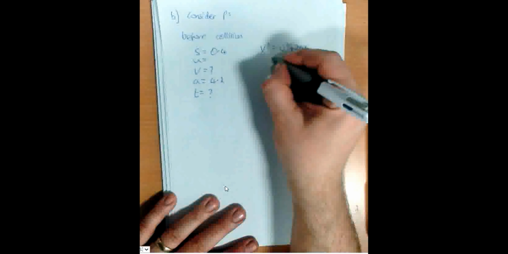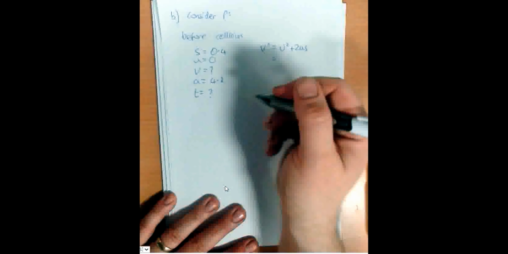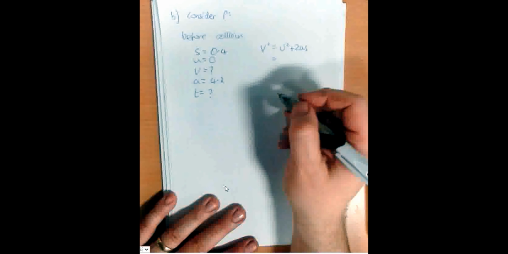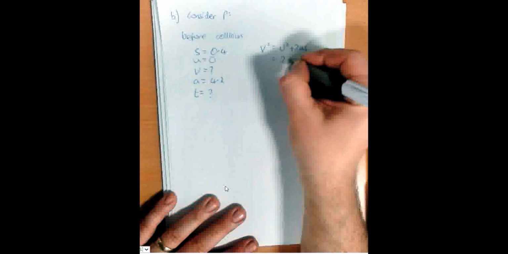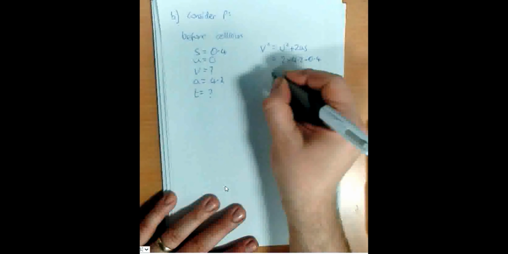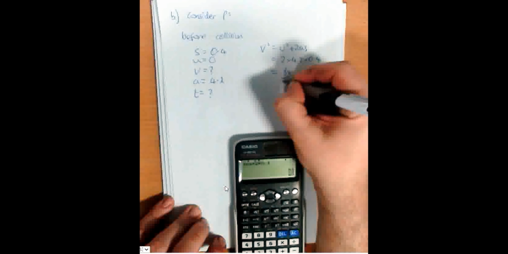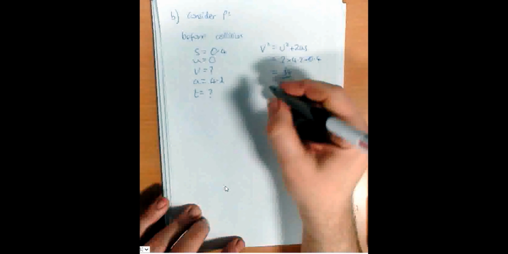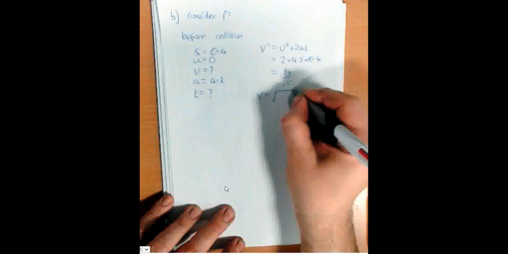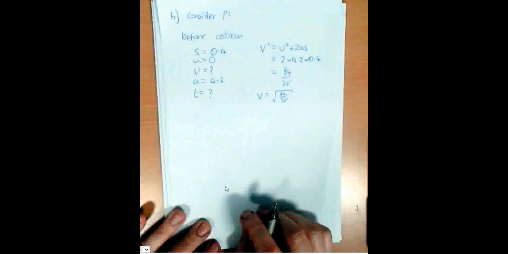Well, u I know is 0 because the question tells me it starts from rest. 2 times 4.2 times 0.4 is 84 over 25. So v is the square root of 84 over 25, and I'll leave it like that because it's accurate.